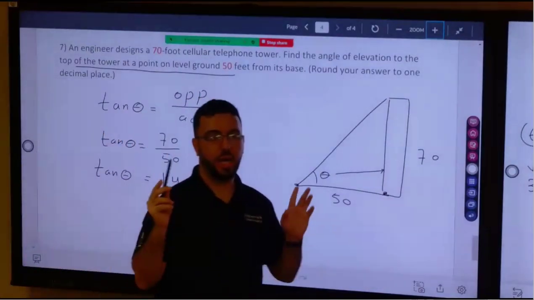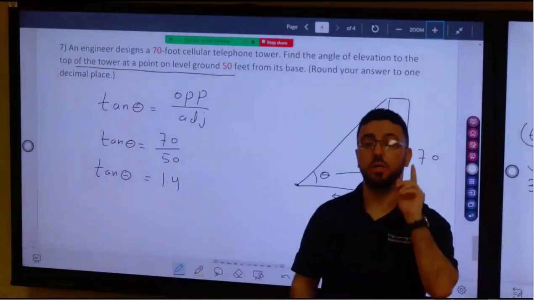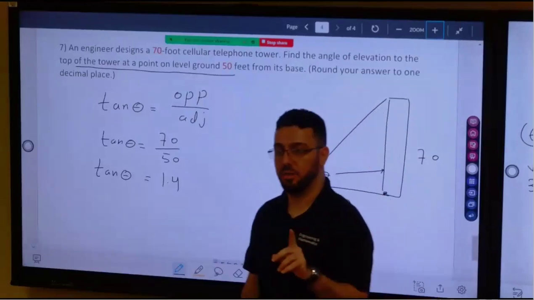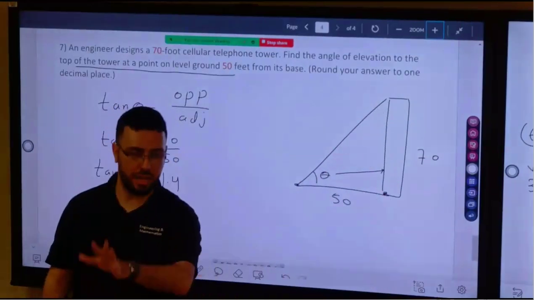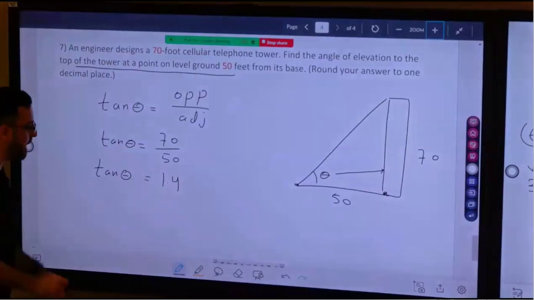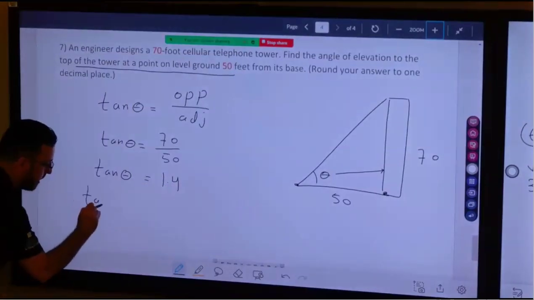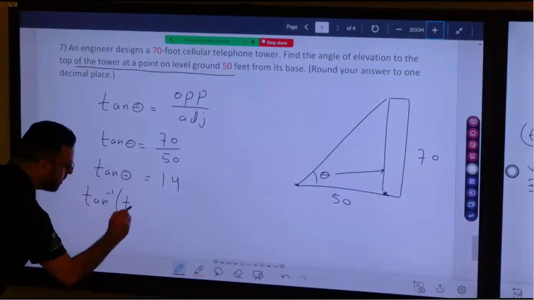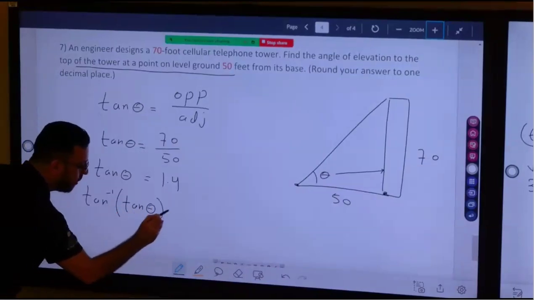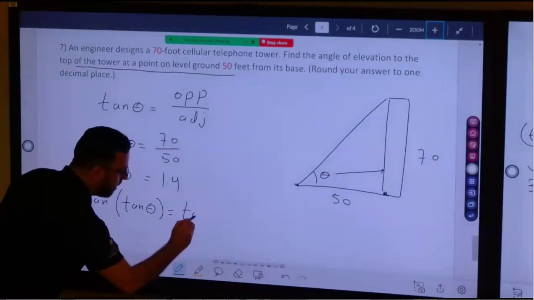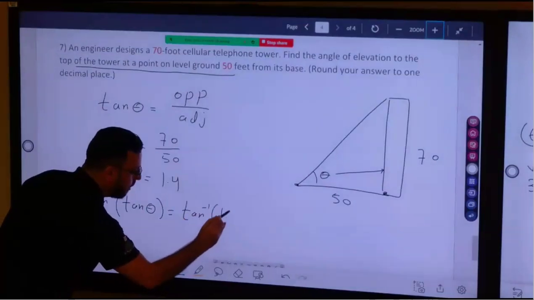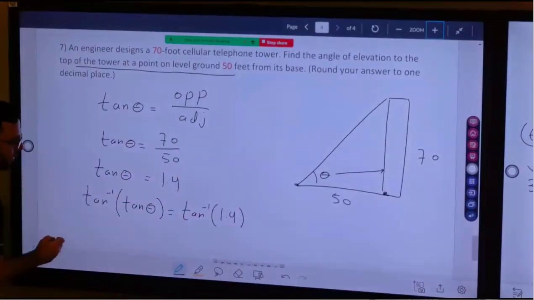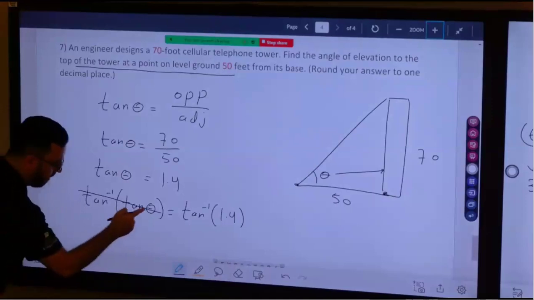Now here's the thing. How am I going to keep theta by itself? Do not tell me divide by tangent. The inverse. Take the inverse for both sides. That means tangent inverse of tangent theta equals tangent inverse of 1.4. Cancel these, not the theta.